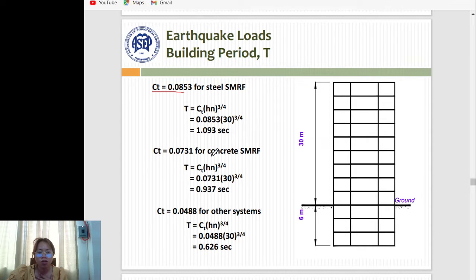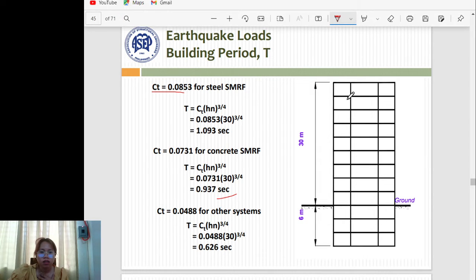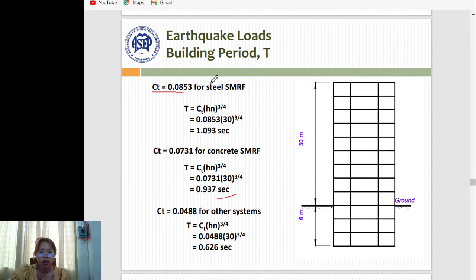And if your building or structure is concrete, now your C sub T coefficient for the T or period is 0.0731. So substitute this value, 0.937 second. Notice that mas gamay siya no kaysa sa steel ang imuhang structure, because ang steel is flexible, no, ductile ang steel than the concrete.